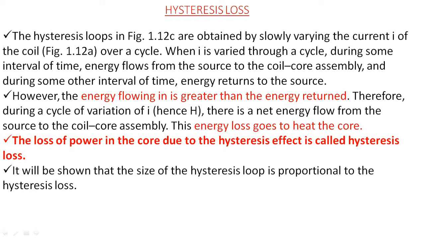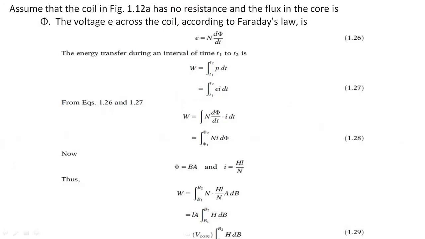However, not all the energy is returned. Therefore, during a cycle of variation of I, there is a net energy flow from the source to the coil assembly. The energy loss goes to heat in the core. The loss of power in the core due to the hysteresis effect is called hysteresis loss. It will be shown that the size of the hysteresis loop is proportional to the hysteresis loss.